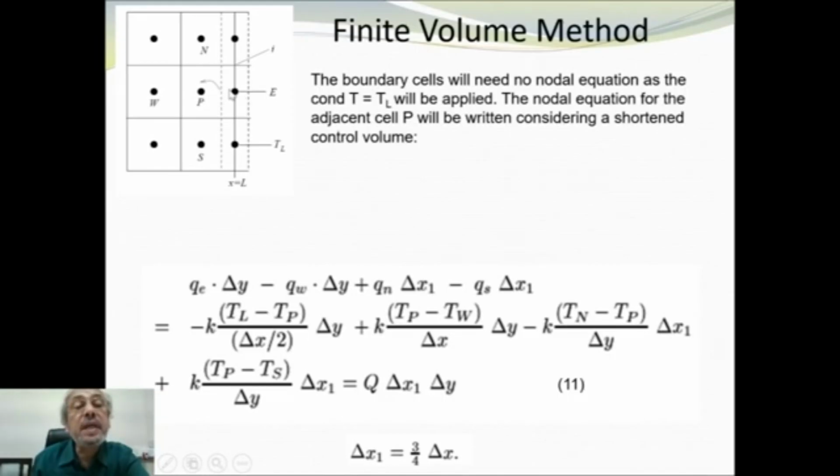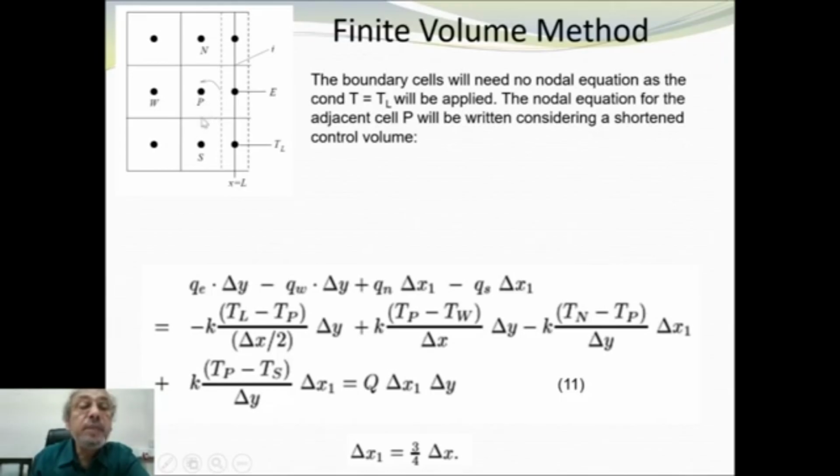Only thing, while deciding heat flux, it will be K into (TE minus TP) divided by delta x by 2. And here it will remain the same, K into (TP minus TW) divided by delta x. Here it will be (Tn minus Tp) by delta y.